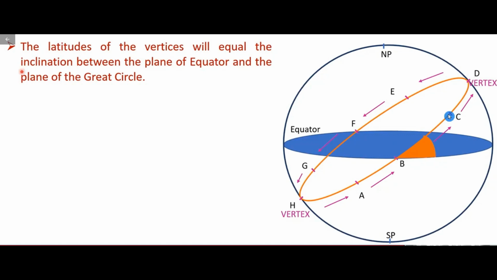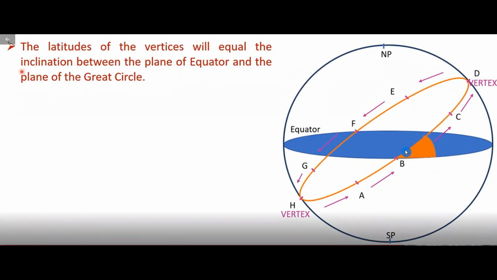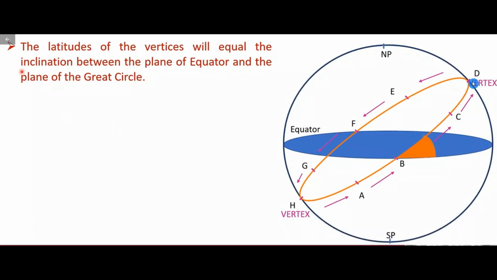Now, let us say we know that this great circle track on which we are moving, its vertex is at 40-degree latitude. So the latitude of the vertex or latitude of point D is 40 degrees. Now, can you tell me, beta, what will be the course of the ship at Bravo point?